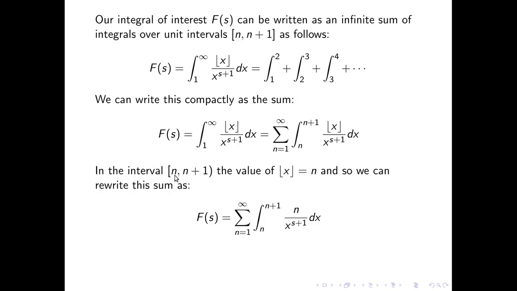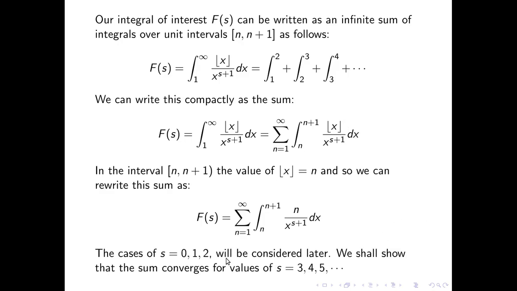In the unit interval from n to n plus 1, the value of floor of x is n, so we can replace this floor function by n. The cases of s equals 0, 1, and 2 will be considered later. We shall show now that the sum converges for values of s from 3, 4, 5, etc.